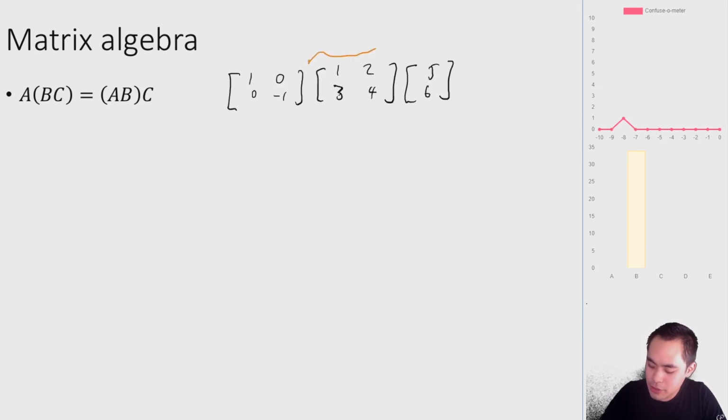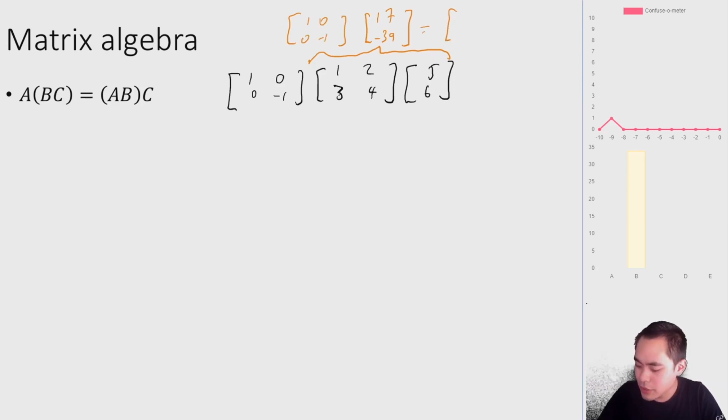If you multiply the last two together first, you end up with 17 and 39, and then you multiply it by [1, 0; 0, -1], and you end up with 17 and minus 39.